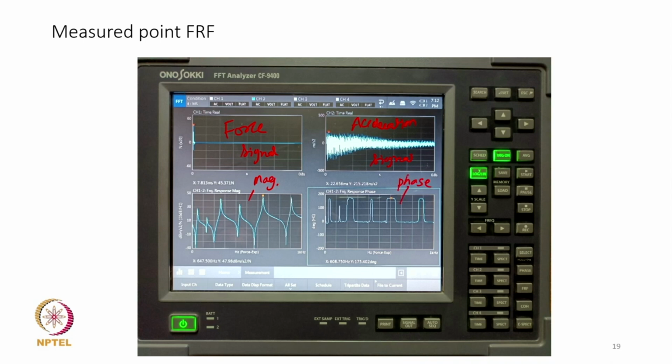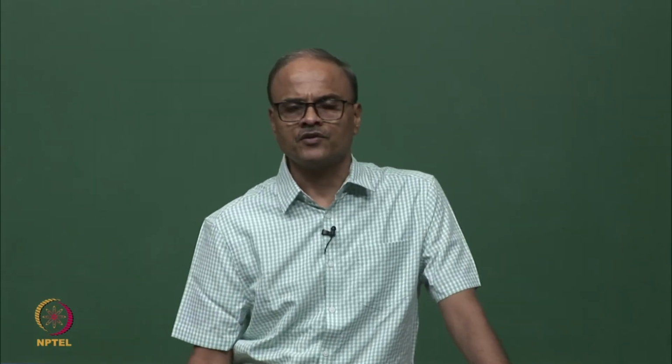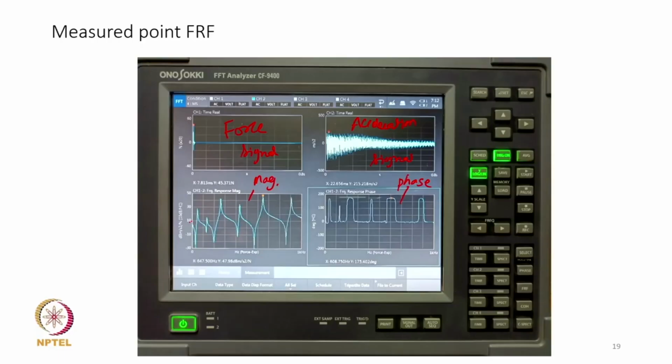In the magnitude plot, what we see is that close to zero frequency also there is a mode. That is due to the rigid body modes the system has, because we are testing under free condition, and so there will be rigid body modes. So we see here rigid body modes, and then we have around 6 peaks appearing there.